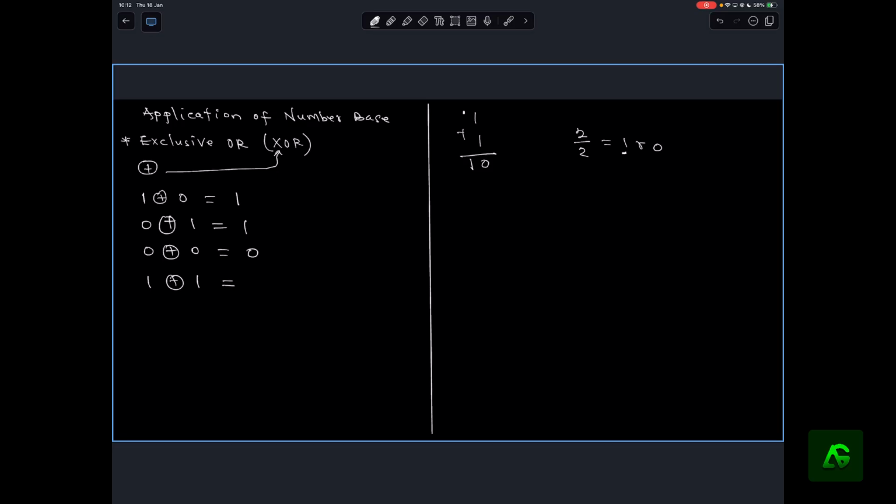But here, 1 plus 1 for XOR is 0. Now, what is actually happening is that the one that is carried will be ignored. You understand? This one that we carried here will be ignored if it is XOR, which is exclusive OR.